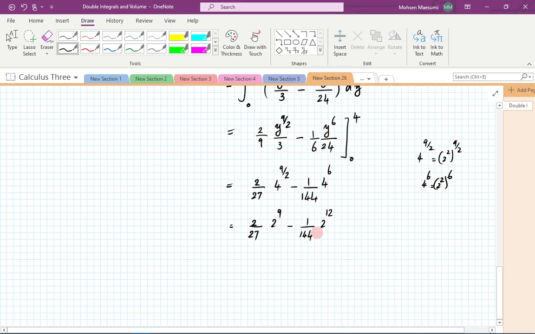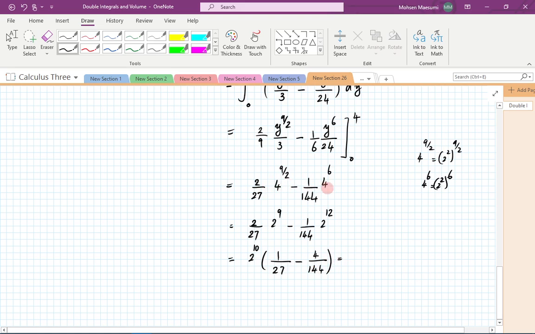Now to clean up, I reduce my numbers. Reducing by saying, okay, I have 2 to the power of 10 here, 2 to the power of 10 here. So let's factor it. 2 to the power of 10, this is 1 over 27, and this is 2 to the power of 2 left, so that's going to be 4 over 144. Okay, these are all arithmetic steps.